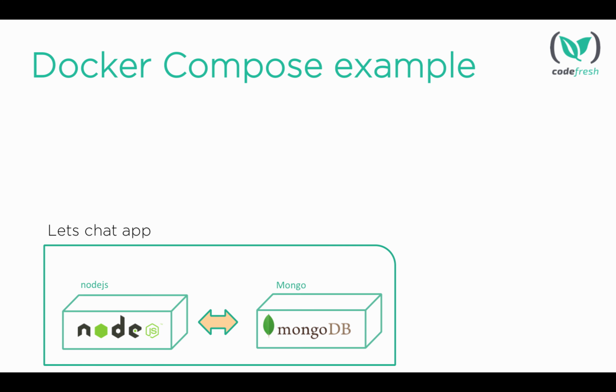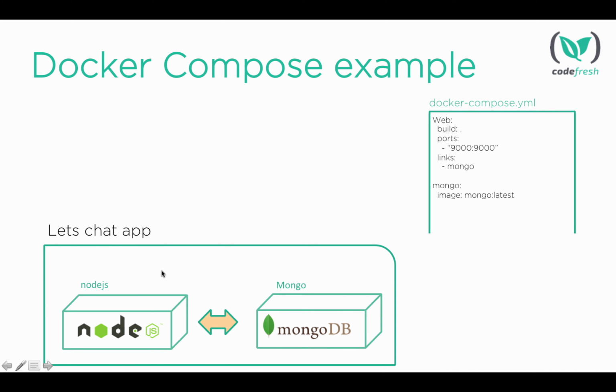As we said, the most convenient way to learn about Docker Compose is to try it out. We will use the Let's Chat app that we've used in the previous meetups. This app is a multi-container app. There are 2 containers that will run as part of this application. One of them will be out of an image that Docker Compose will create with our Node.js code, and another container will be out of a standard Mongo image.